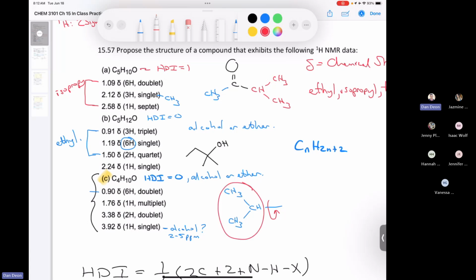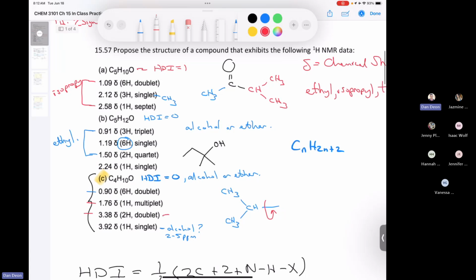All right, so that's my first rationale, that I have some kind of piece like this. It doesn't necessarily mean it's an isopropyl, okay? It could be an isobutyl group too. It could be a neopentyl group. It could be lots of different things. But anyhow, then at 1.76, we have a multiplet that integrates for 1 proton, and at 3.38, we have 2 protons that give us a doublet. So that means that these 2 protons are split by 1 proton.